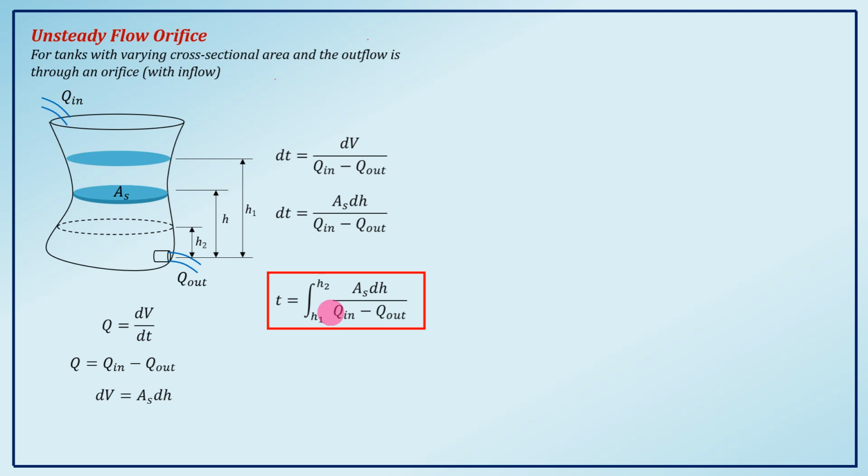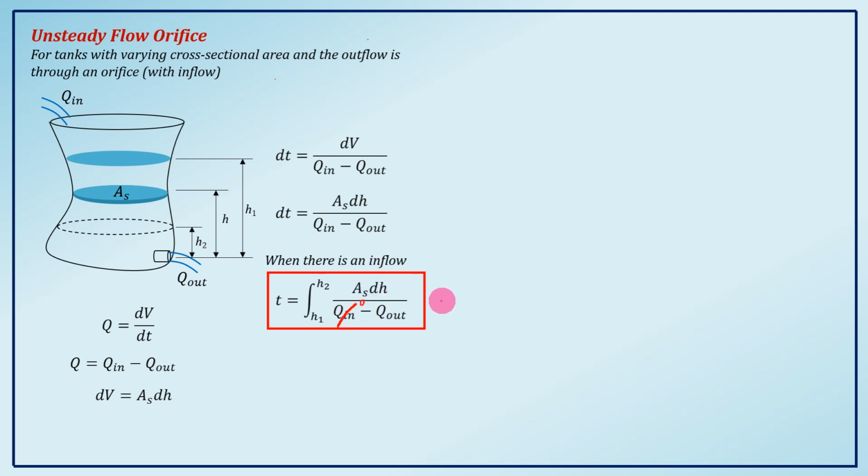Yan. So, this would be the equation na gagamitin natin kapag may inflow and nagba-vary yung cross-sectional area of our tank and mayroon tayong outflow through an orifice. Ayan. So, paano kapag wala namang inflow? Kung walang inflow, dito lang din sa equation na na-derive natin, wherein Q in is equal to 0 na.